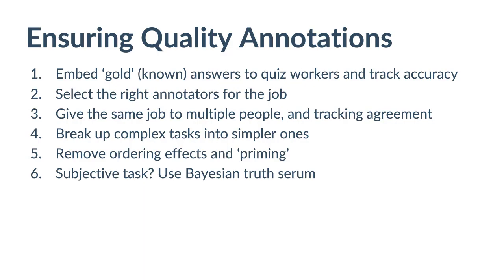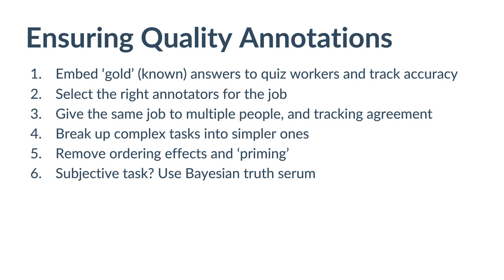So in summary, to ensure quality annotations, you want to embed gold known answers to quiz the workers initially and to track accuracy as they continue on. You want to select the right annotators for the job, whether that means your in-house experts, general crowdsourced workers with the right quality control, or people who have been trained for your specific task. You want to give the same job to multiple people and track agreement.